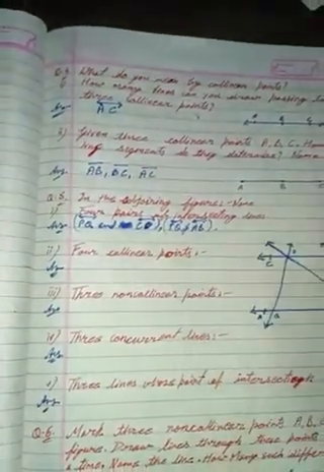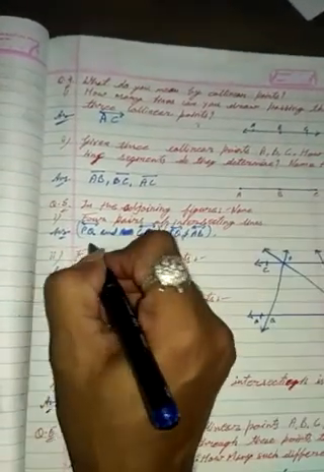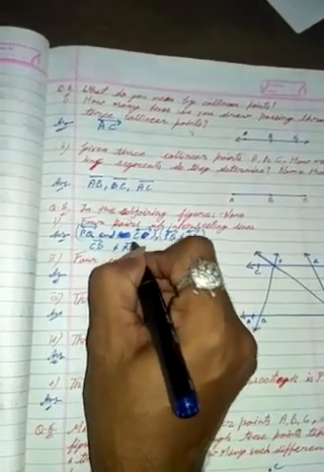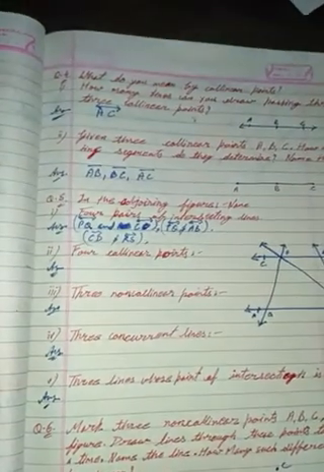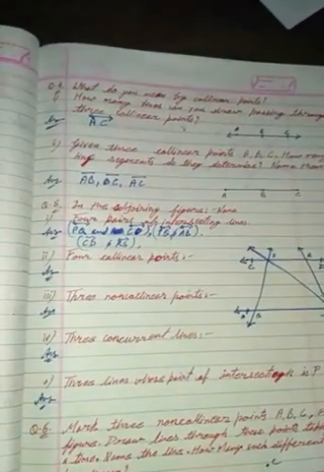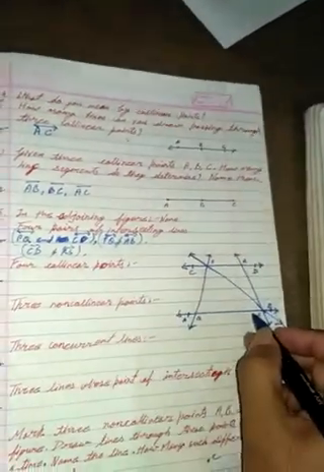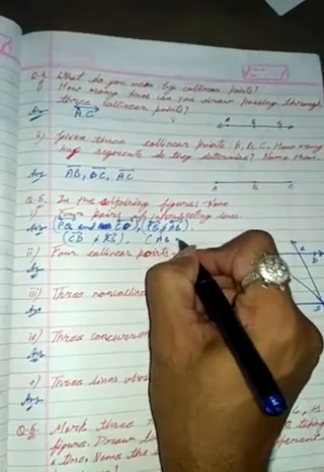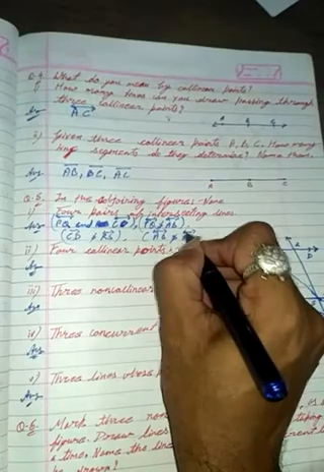Now next is C, D and R S. Then the last is A, B and R S. Okay.